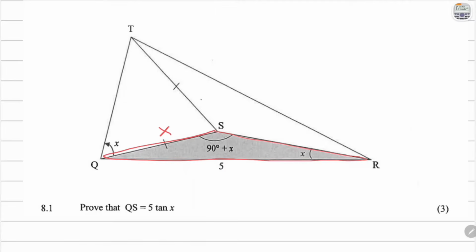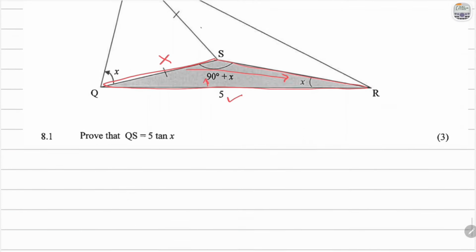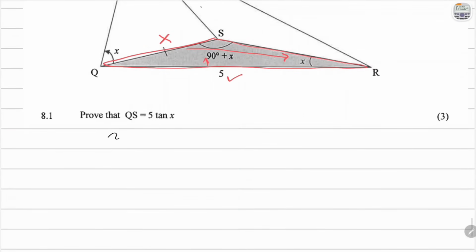To find this side, we can focus on using the sine rule just because of the angles that we have here. So the angle opposite QS is X. And then we also have another paired angle and side that is complete here. We have 5 units, and opposite 5 units, we have 90 degrees plus X. So let's go ahead and use the sine rule, making QS the subject.